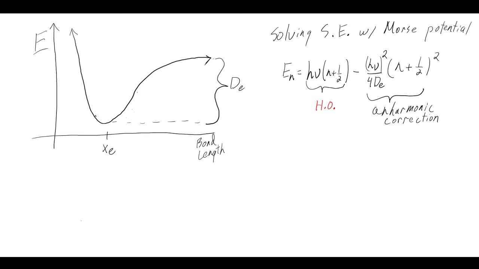And so the way that Morse potential eigenenergies look is here is n equals 0, here is n equals 1, n equals 2 is a little more closely spaced, n equals 3 is a little more closely spaced than the previous two were, and n equals 4 is a little more closely spaced than 2 to 3 was, and n equals 5 is a little closer spaced than 3 to 4 was, and so on and so forth.